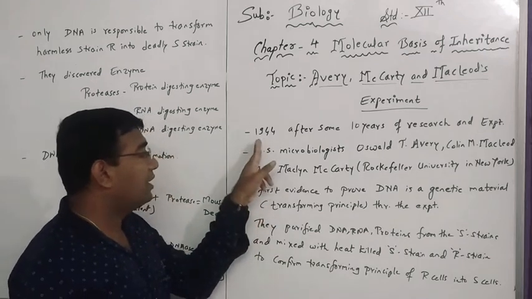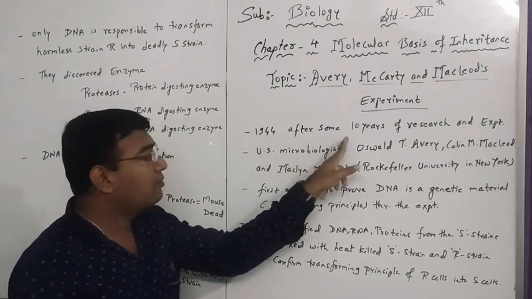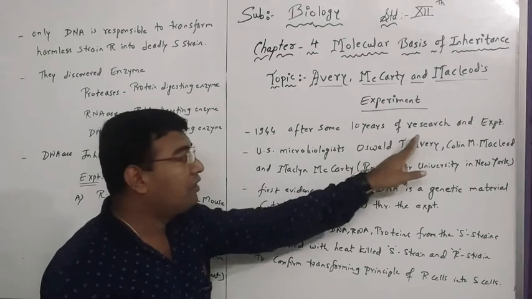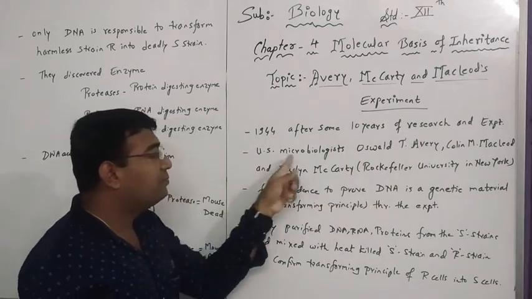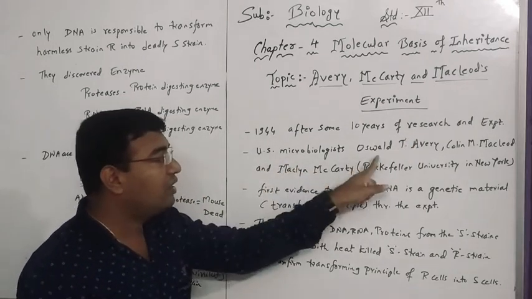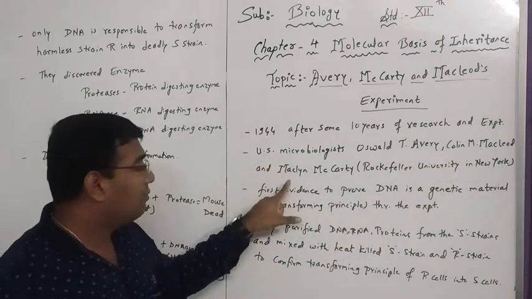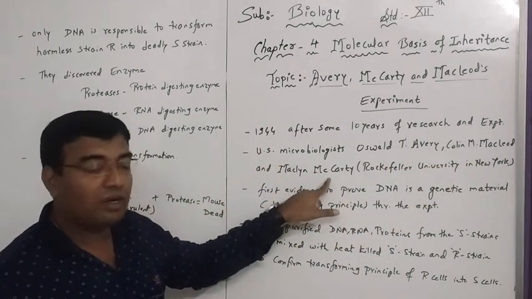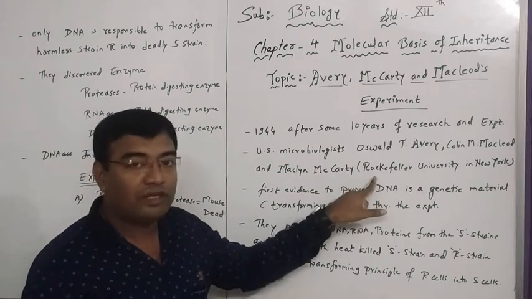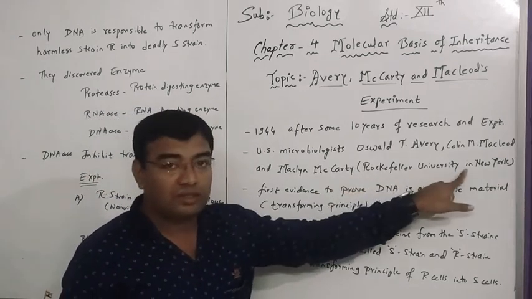So they tried the experiment. In 1944, after a gap of 10 years of research and experiment, US microbiologists Oswald T. Avery, Colin M. MacLeod and Maclyn McCarty, all from which university? Rockefeller University. It is in New York.